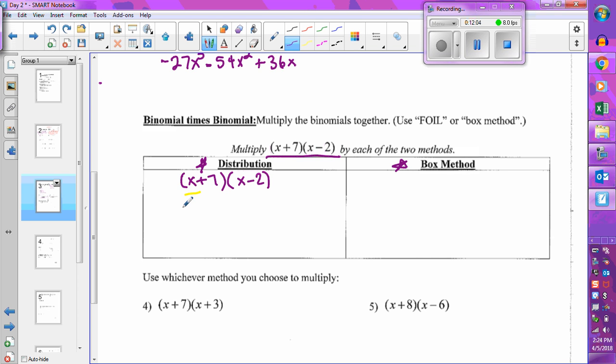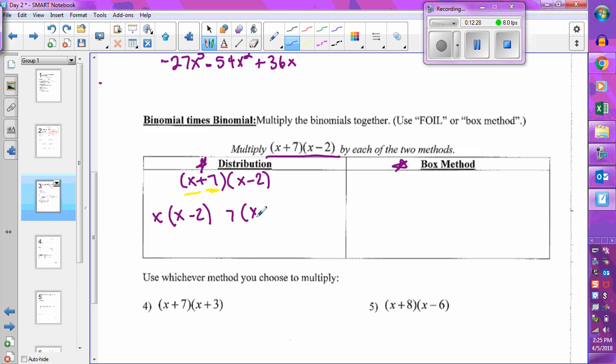And what you're going to do is put the x in front of your second term, x minus 2, okay? Then you're going to put your second term, or the second part of your first term, your 7, and put it in front of this term right here.